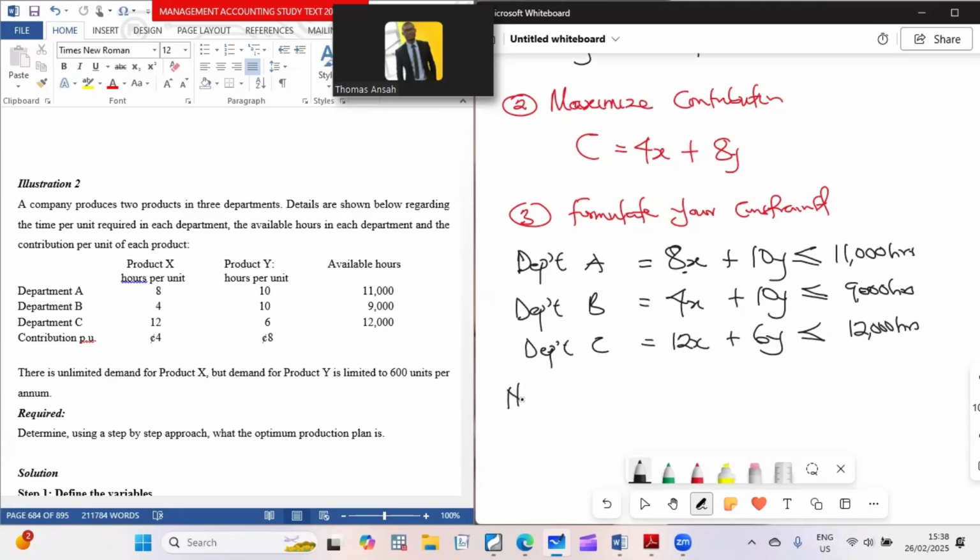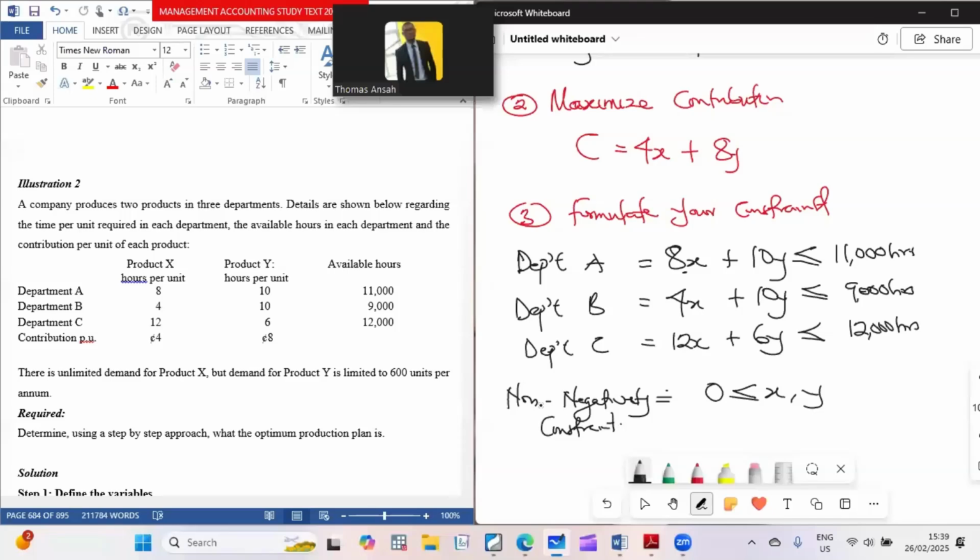The non-negativity constraint is given as X and Y greater than or equal to 0. I will explain this non-negativity constraint to you very soon.